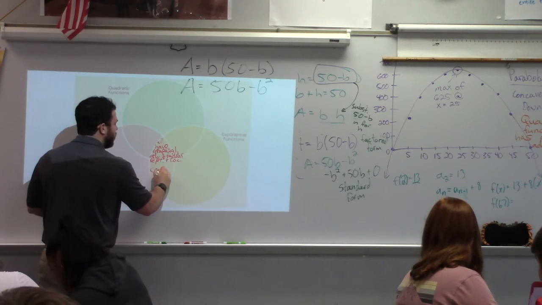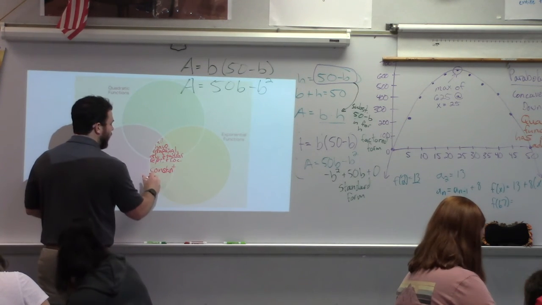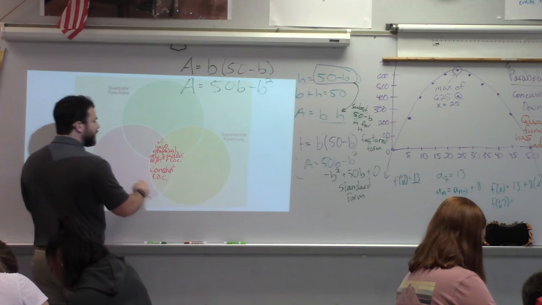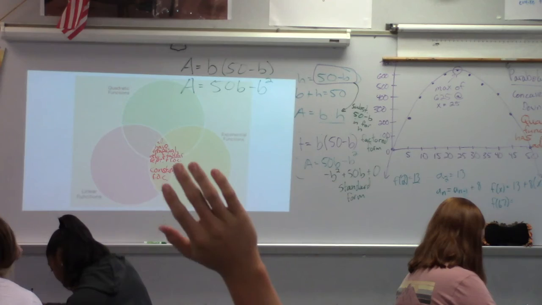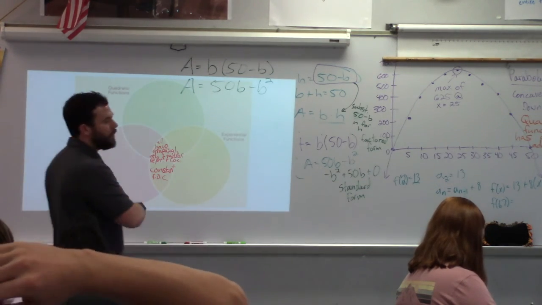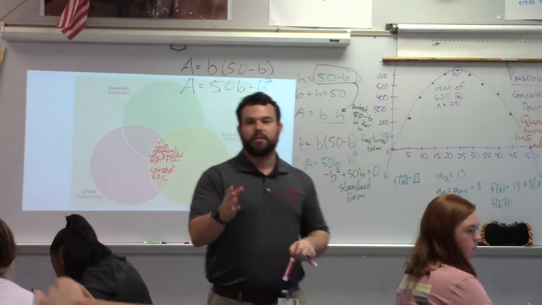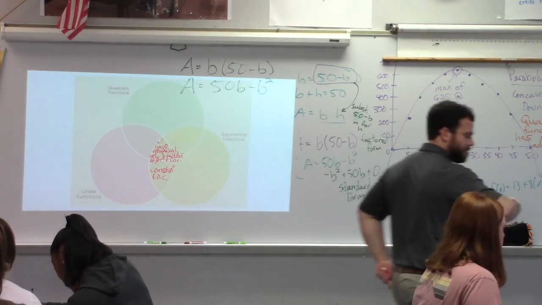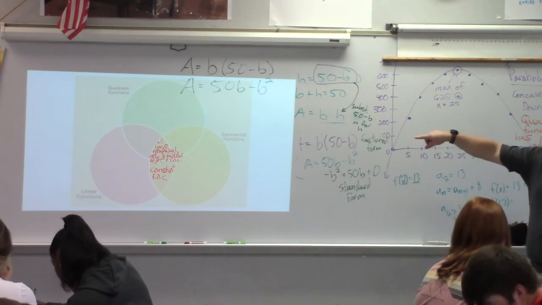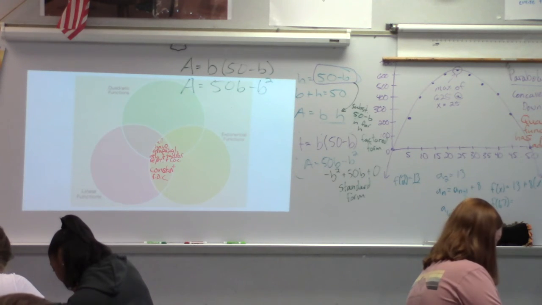So you need to look through your notes. You can collaborate with each other to fill in these different sections, identifying what is unique to each one, what they overlap in, and things like that. Yes? All right. They all have graphical, algebraic, and tabular representations.